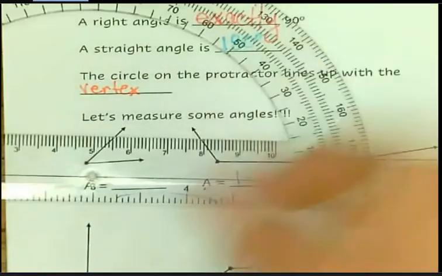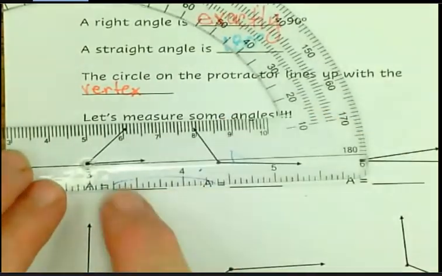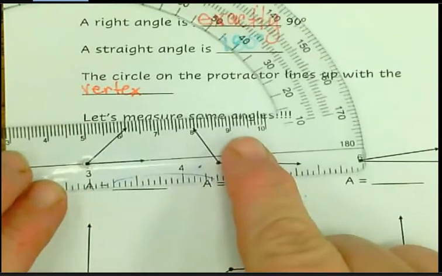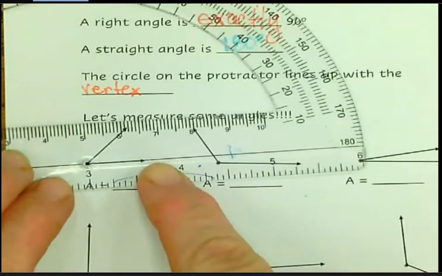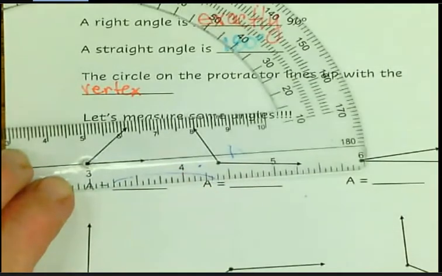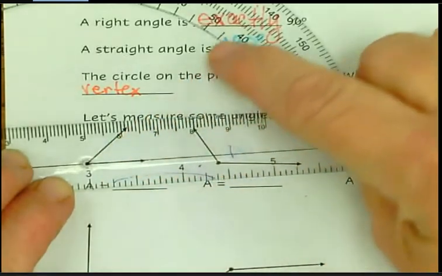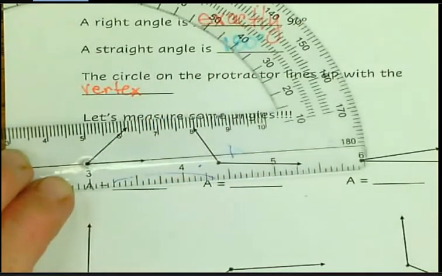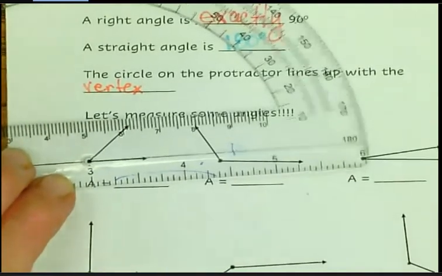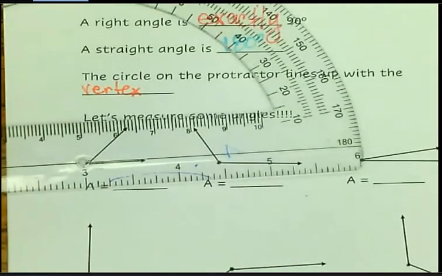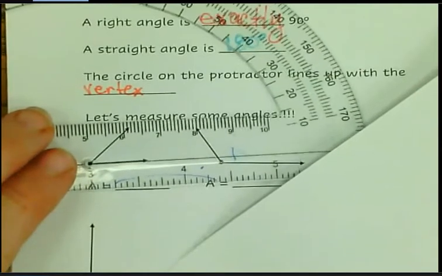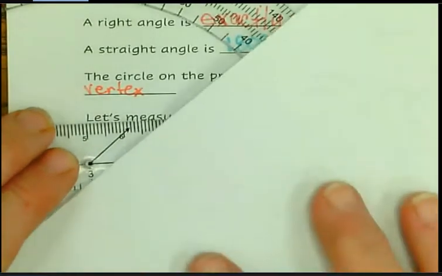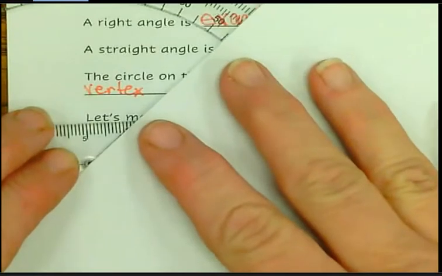I'm going to line the circle up with the vertex, and then this line here, I need to put it right on the line of the ray. Okay? And now what happens is this arrow points. Now, it's not nice and long. It's not as long as my protractor. So I'm going to use this piece of paper and line that up with that.